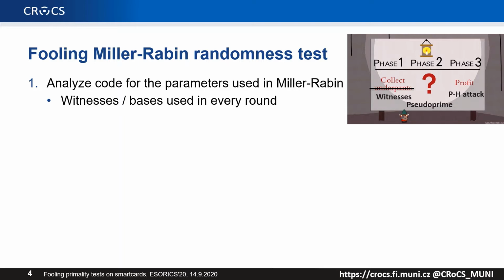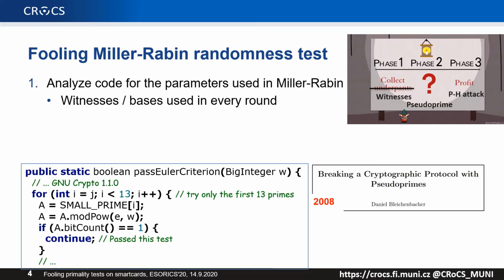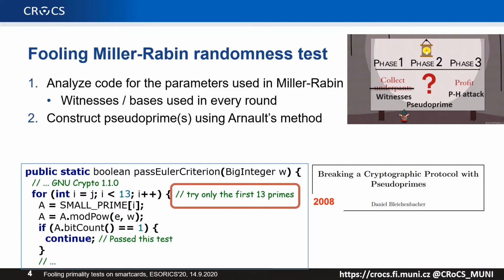So how can we fool the primality test? We first take the implementation of the Miller-Rabin algorithm, look into the source code, and obtain the parameterization. That parameterization is called witnesses or bases, used in every round. And with the knowledge of this, we can start creating these pseudoprimes. Daniel Bleichenbacher in 2008 looked into the code of GNU Crypto, figured out they are using only the first 13 primes, and then crafted pseudoprimes that will pass the tests using these as bases or witnesses.